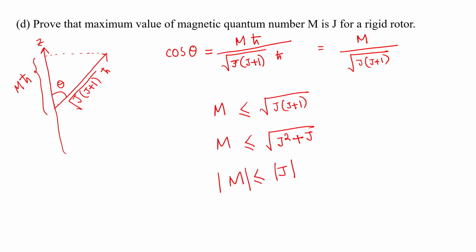And what does this mean? When j equals to 1, that means your angular momentum has three orientations in space.